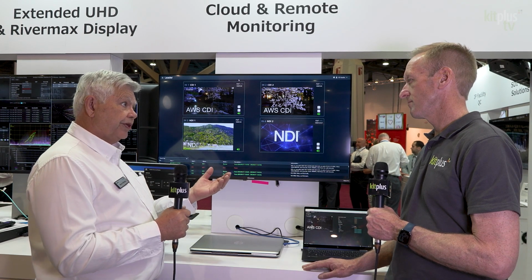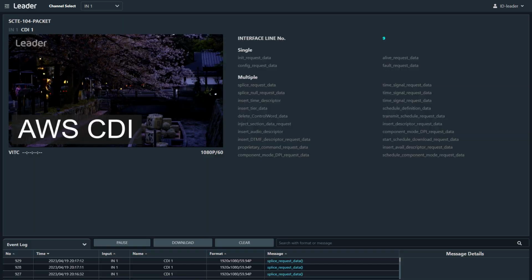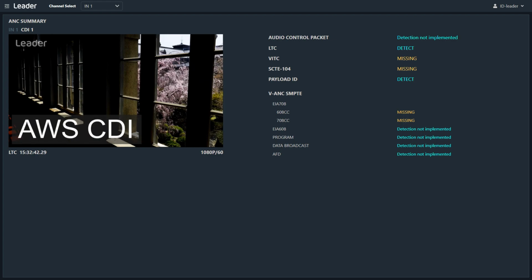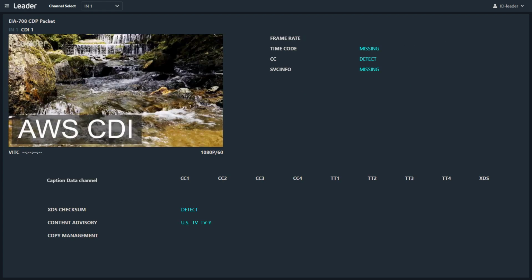Look at it in the waveform monitor, make sure all of your triggers are working, make sure all of the metadata is staying with it. You're not losing captions, you're not losing SCTE triggers, and all of the data that you need. You can do the same exact measurements we do on SDI or 2110 in the plant, up in an EC2 instance in the cloud.